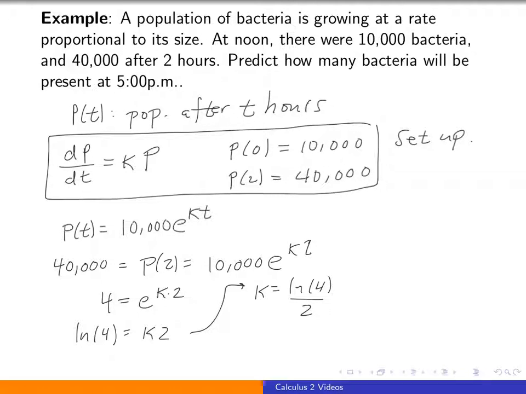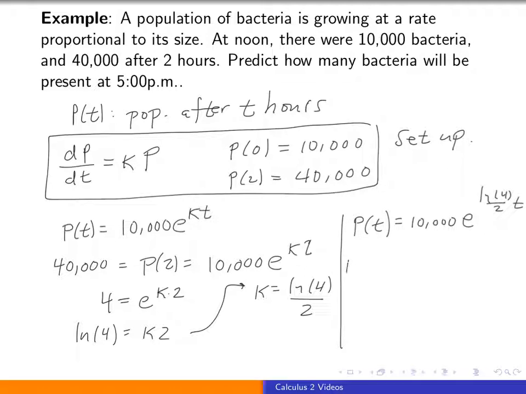So in terms of our population, the population after t hours is going to be 10,000 e to the kt. So e to the natural log of 4 over 2 times t. What we would like to determine is not just that formula, but answer a question. How many bacteria will be present at 5 o'clock?